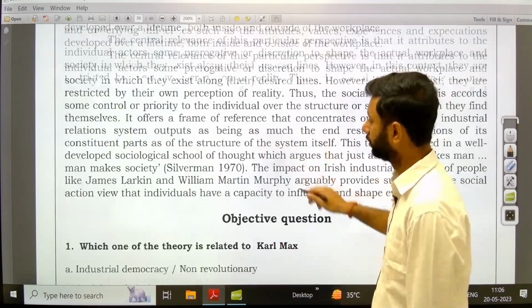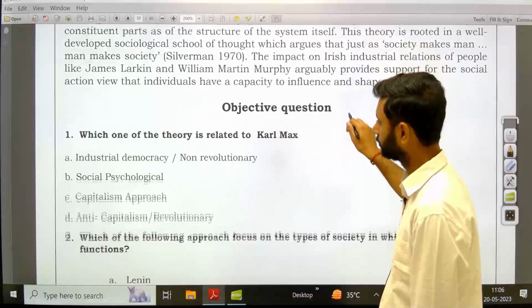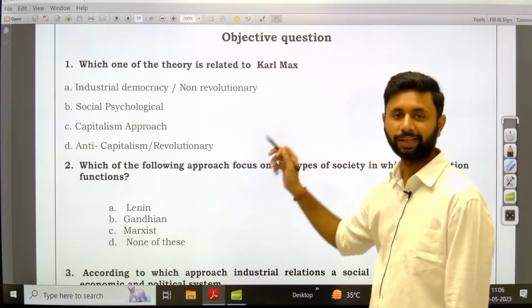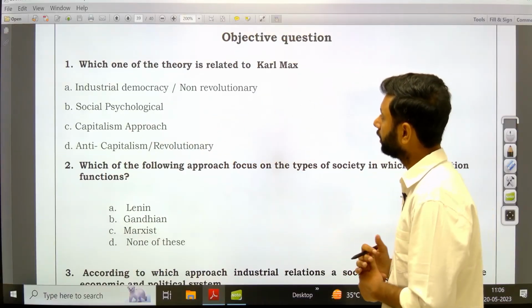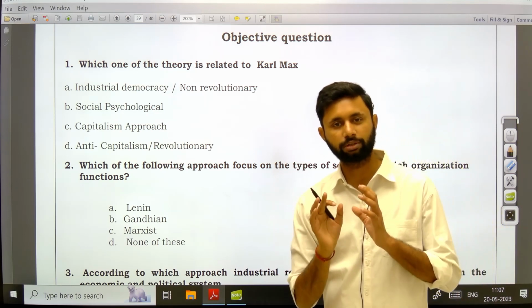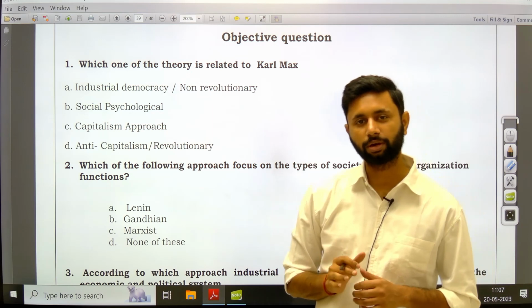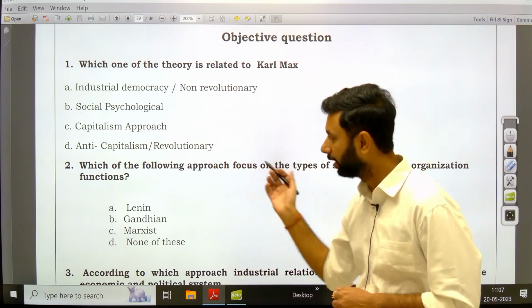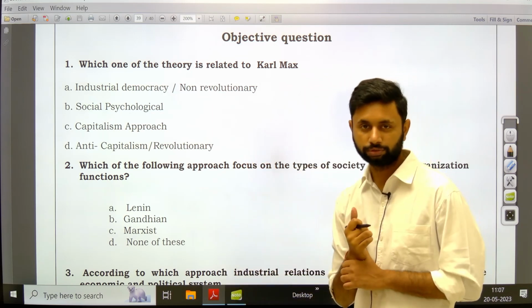And let's try to solve some questions. Tell me, which theory is related to Karl Marx? Think in terms of Karl Marx's philosophy, and tell me what it should be.